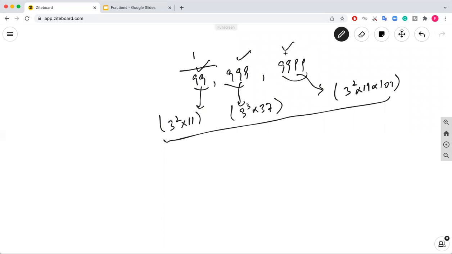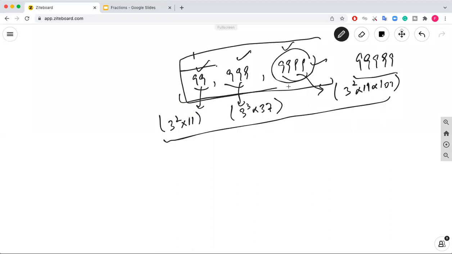Because one senior told me there was a question on recurring decimals where they have to prime factorize first, and using the calculator in the time constraint, you won't be able to do so. That's why it is better to just remember at least these three, not more than that. I don't think they will ask you a question with the 9s having a length of 5. That will be difficult to solve in a time constraint. So at least just remember these three from an exam point of view, right?